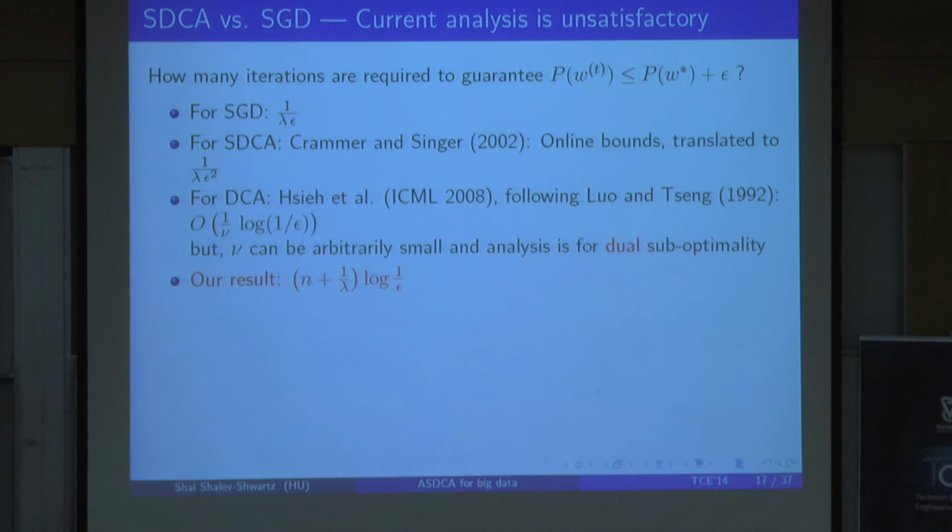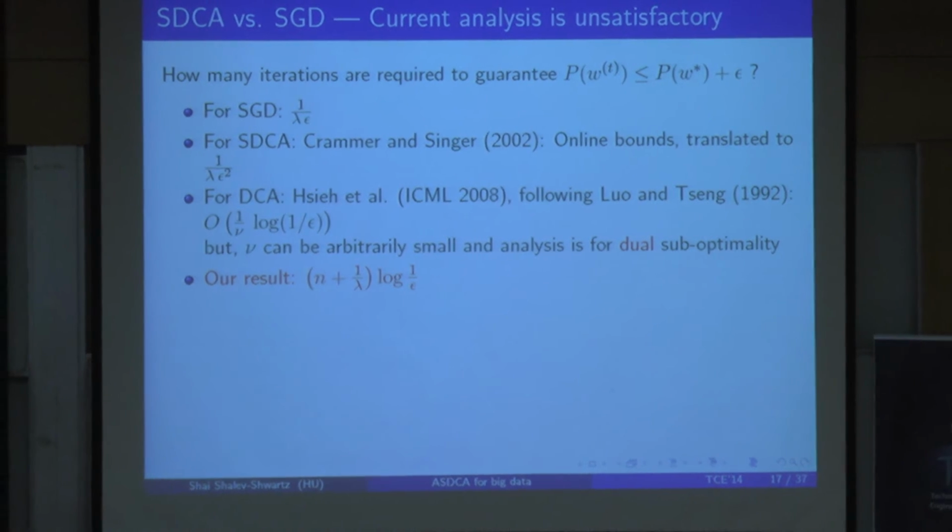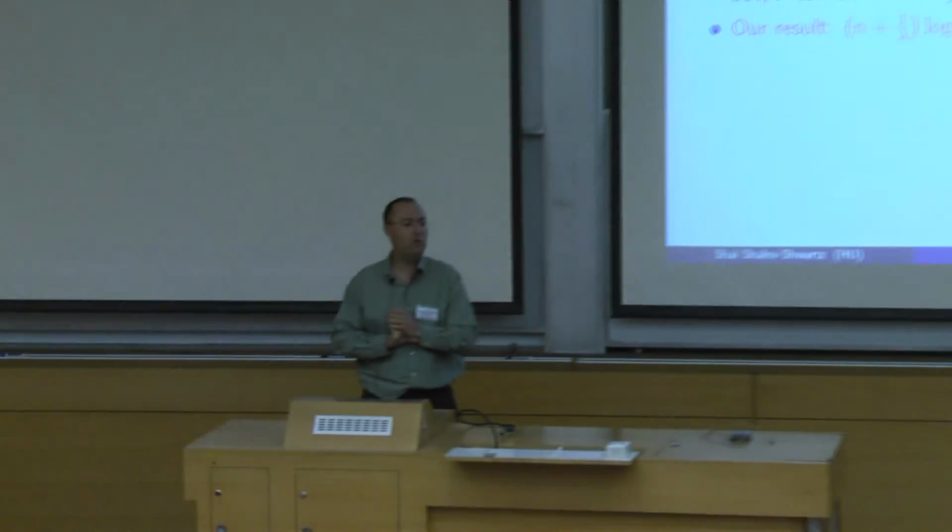Actually, it's not a new algorithm. This idea is not new. It is well known, and it is even implemented in software packages. But the analysis of this algorithm was not satisfactory. There was an analysis of 1 over lambda epsilon squared, which is worse than SGD. Of course, it doesn't tell us the story.